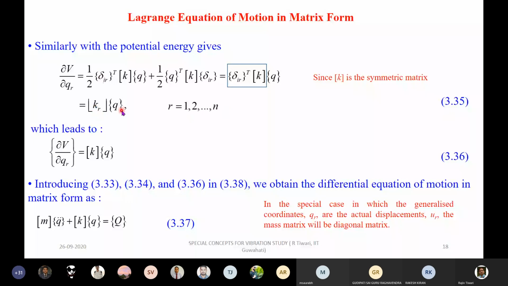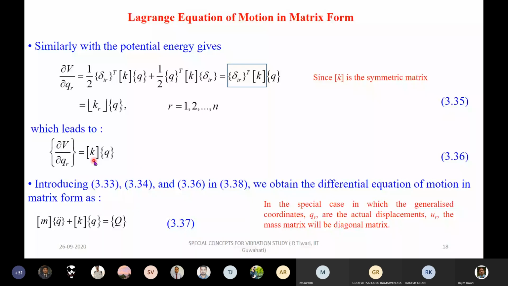So n such expressions we can write, and if we combine them again in a matrix or vector form, then this row vector of the stiffness will give the stiffness matrix directly, as I showed for the mass matrix. This also appears in Lagrange's equation, and the potential energy differentiation with respect to the generalized coordinate gives us the stiffness matrix into q.